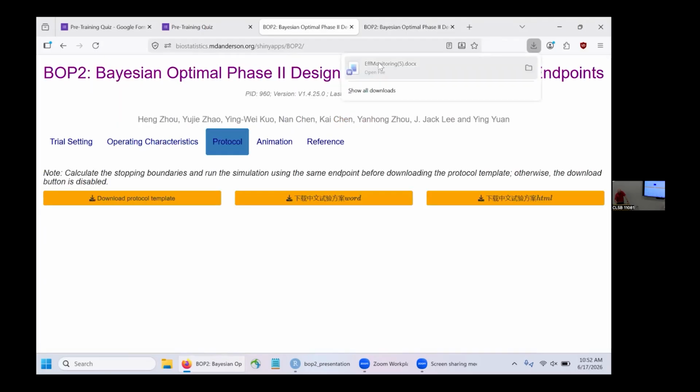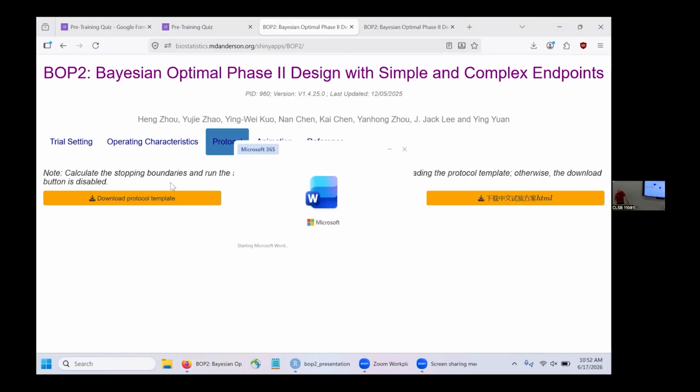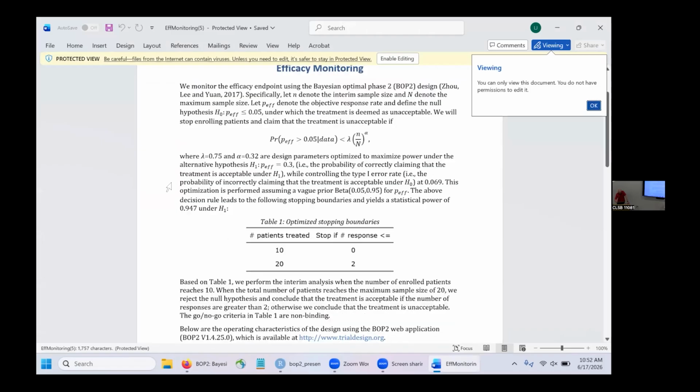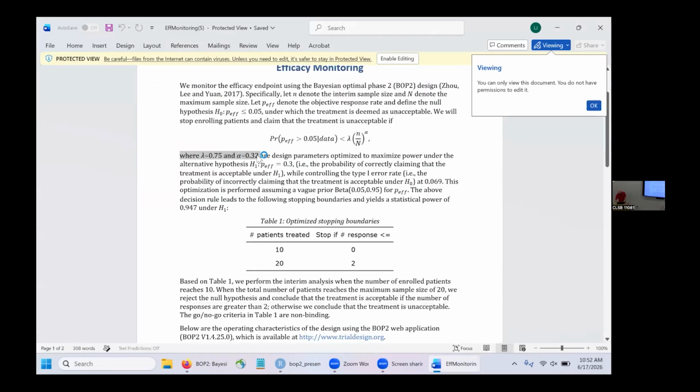But once we get this protocol, we can see its selected values: lambda equals 0.75, alpha equals 0.32. Since that alpha is less than 1, it's going to be easier to stop earlier in the trial. So I thought we could just compute these.